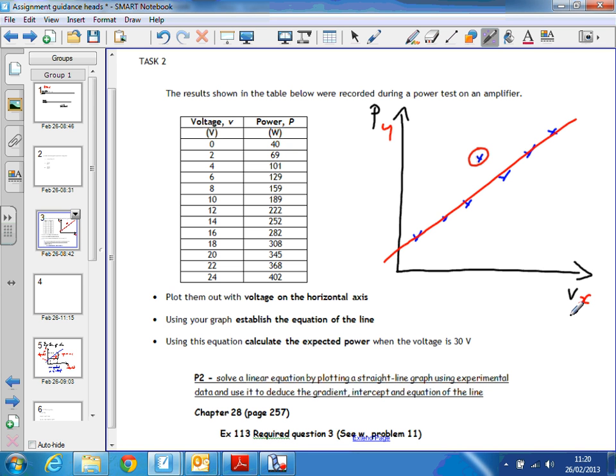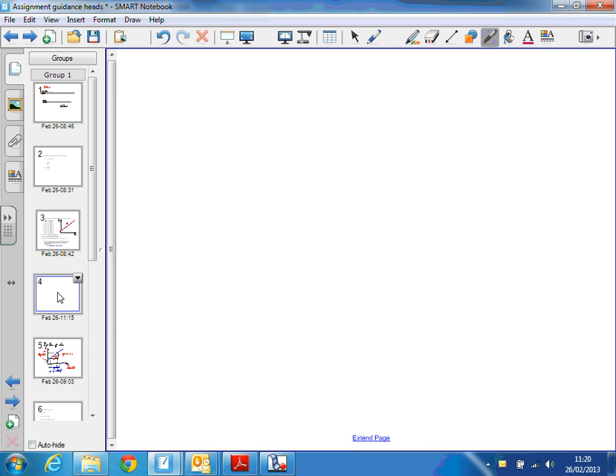So this is not something that happens uncommonly in engineering. Some sort of experiment to find a relationship between two variables. So we're after the equation of the line now. How do we get the equation of the line?